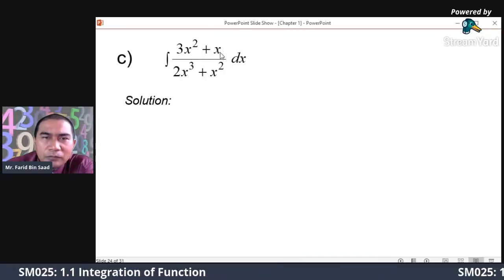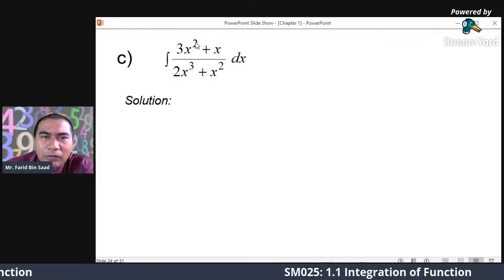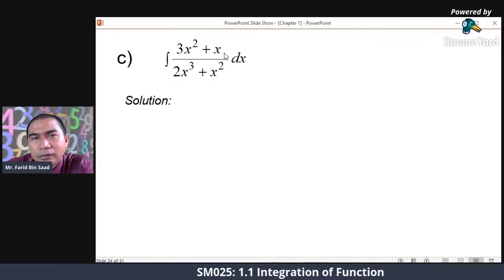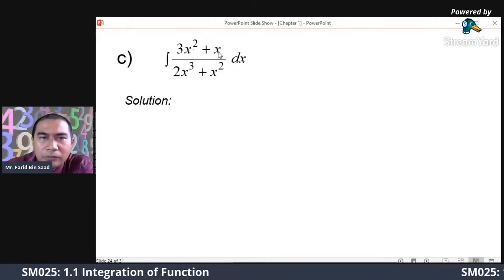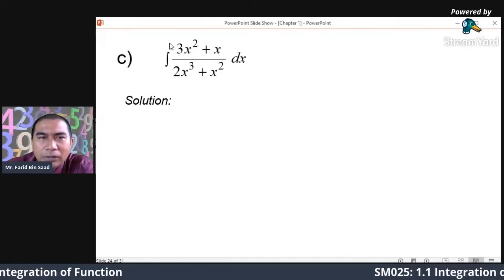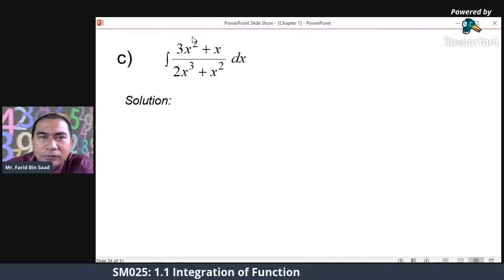If we put f prime here, we get 6x squared plus 2x. But the question has 3x squared plus x. That means we have to multiply by 2 in the front so that the numerator becomes f prime x.